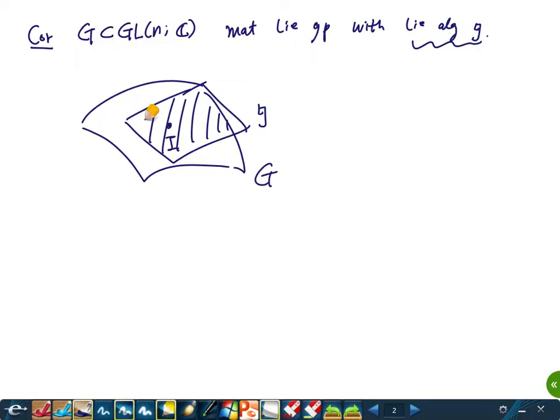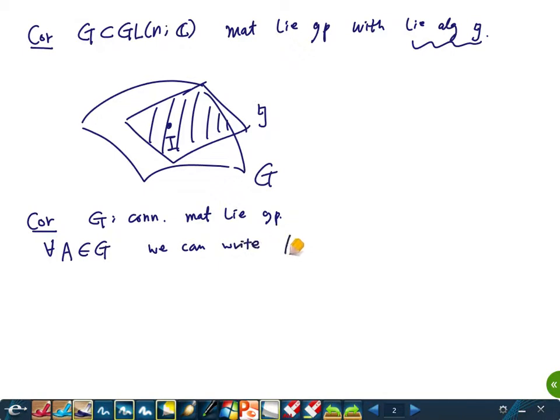And there are more connections between Lie algebras and Lie groups, and we will see a few of them. So if G is a connected matrix Lie group, then for every element A in G, we can write A as a product of exponents of elements in the Lie algebra.